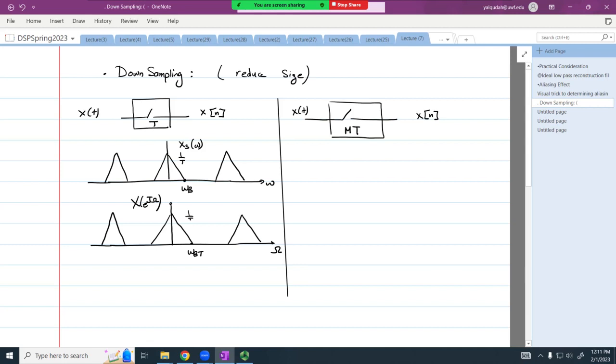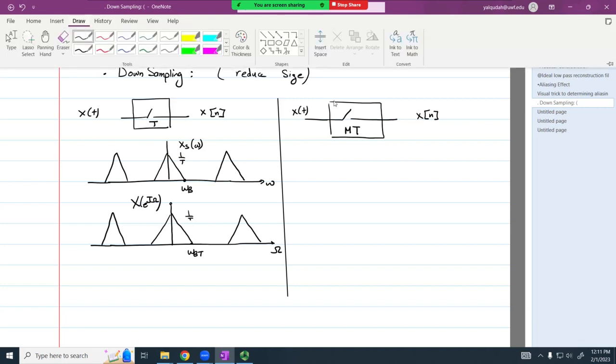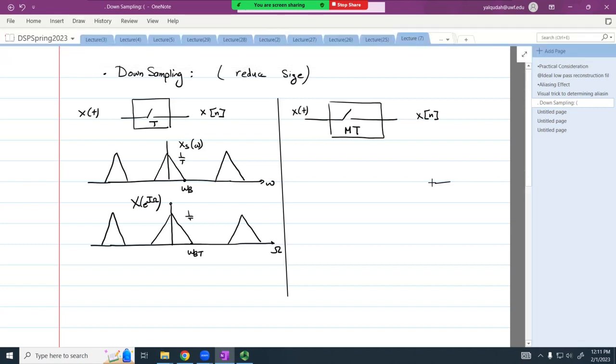I'm reducing the sampling rate, isn't it? Instead of taking every second, if M is 2, I'm taking a sample every 2 seconds. See it? Okay. How is the spectrum going to look like? We'll see.